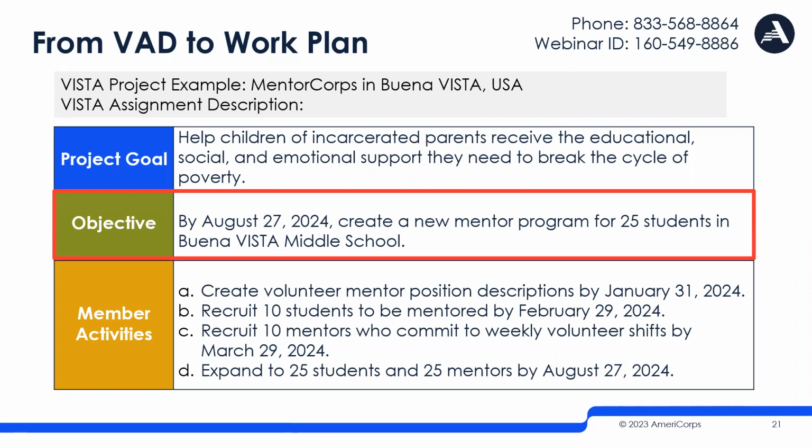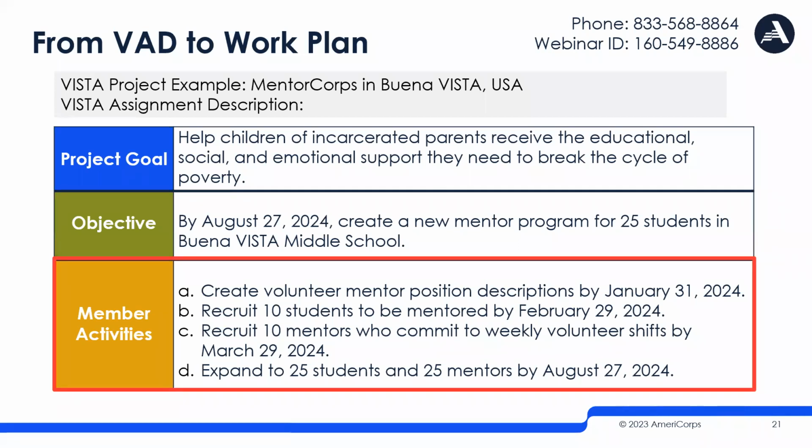The VISTA member in this organization is going to achieve a major objective. They're going to create a new mentor program during their service year. And then in this example, again, the VAD does outline some major activities that the VISTA member will do in their service year. They're going to create some volunteer position descriptions.